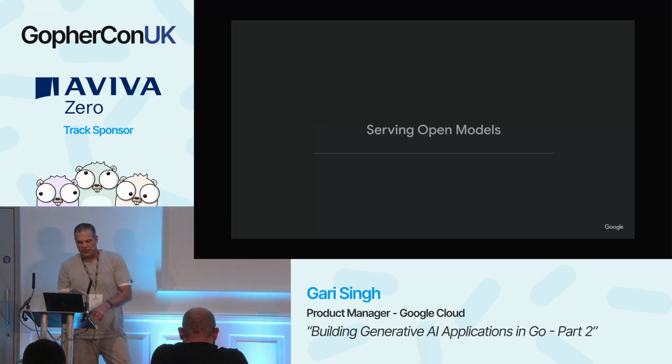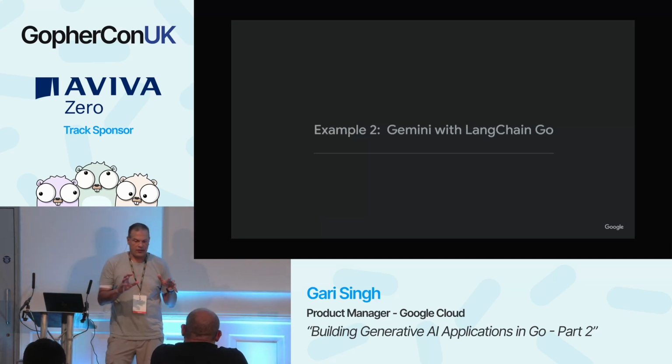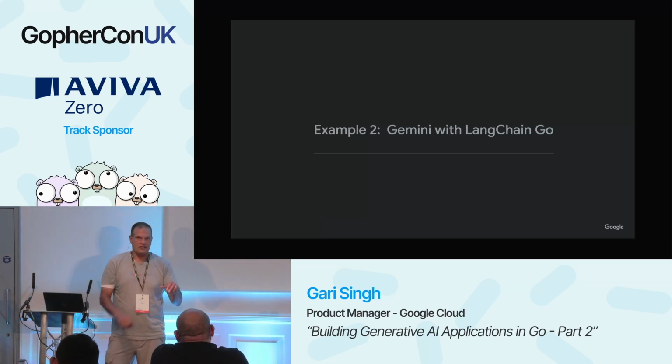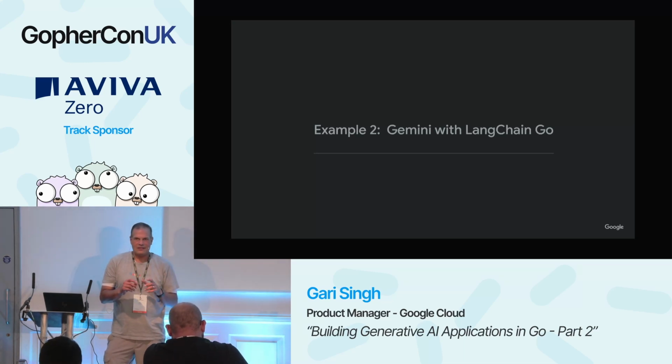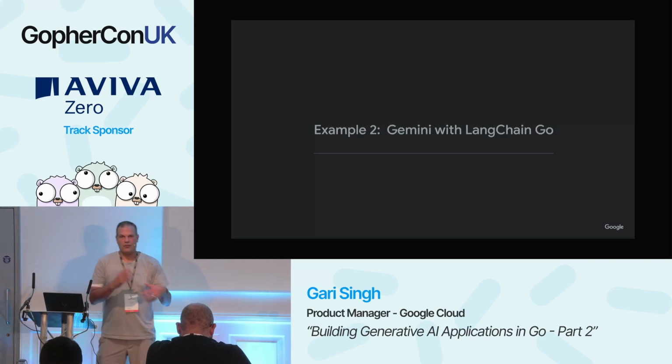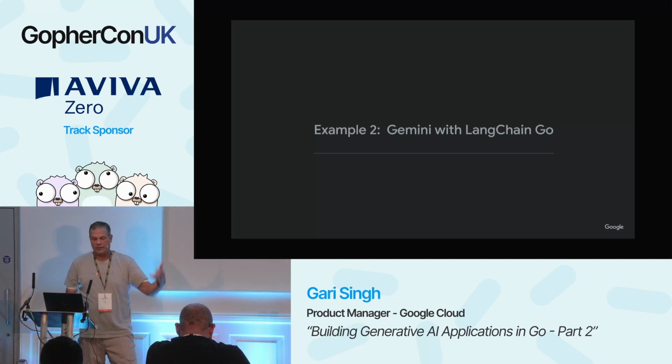From the LangChain perspective, and I'll show you the code, there's a standard way to interface with models. You can substitute in a model or a vector database, so it's all a plug-in architecture. You can write the same code and plug and play whatever model or things you want to call, all through standard, strongly typed interfaces.